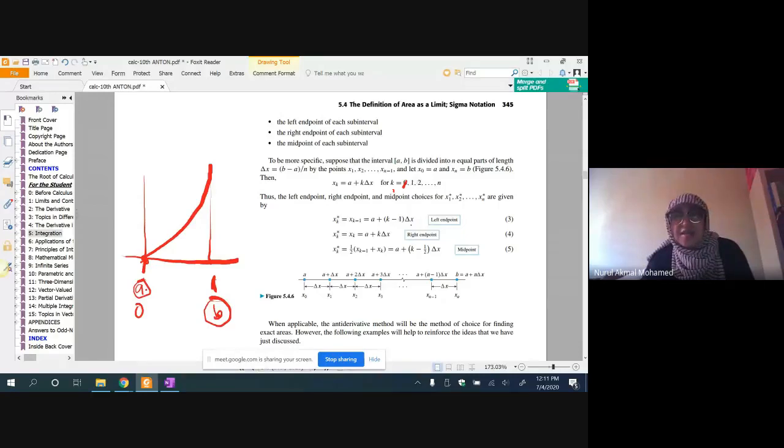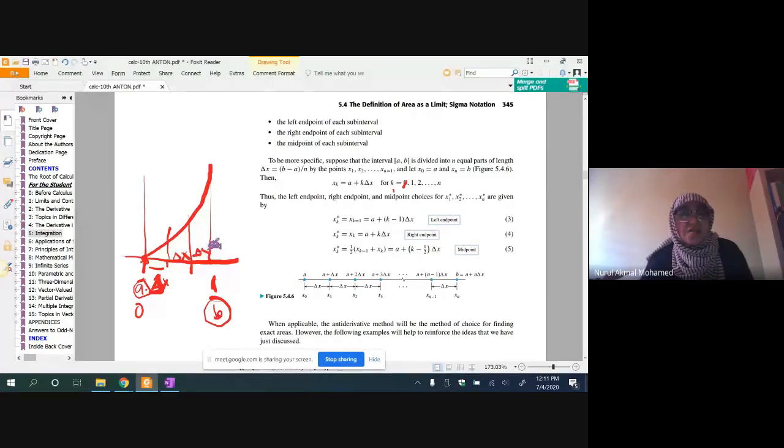Let's look at the right endpoints. If k is equal to 1, a plus delta x. Our delta x is the length of the subinterval. Let's say you divide into 3 subintervals. So this is delta x, this is delta x as well, and this is delta x as well.